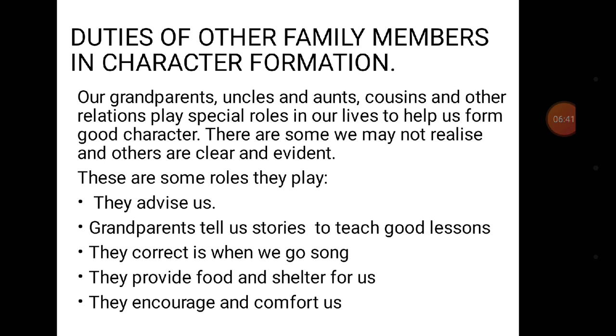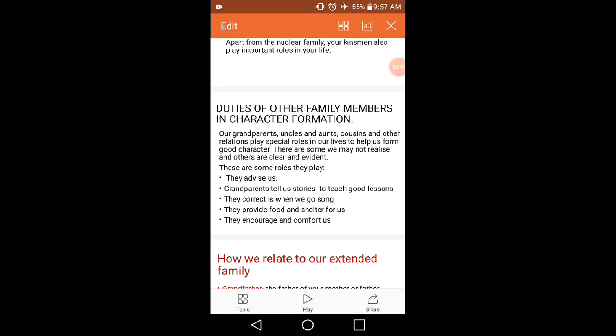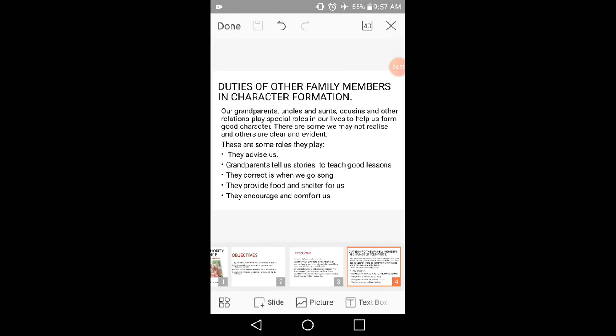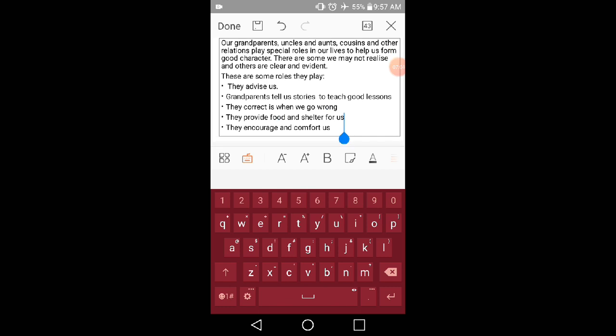When we go wrong, we are corrected by our family members. My nephews, always when they are misbehaving, when they hear that Uncle Ephraim is coming, they stop.